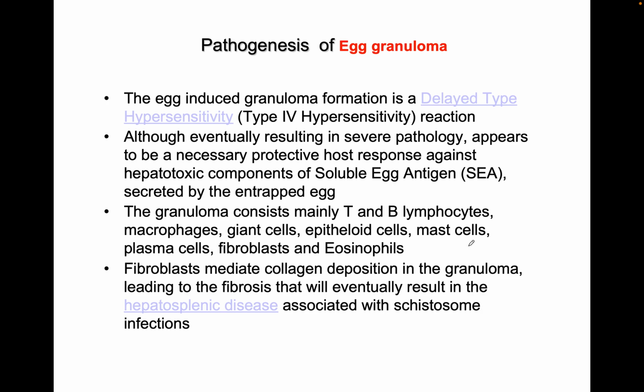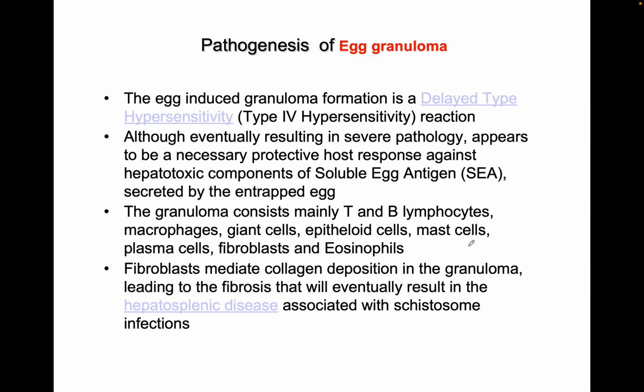The eggs can produce granuloma formation as a delayed type, type 4 hypersensitivity reaction, and although eventually they result in severe pathology, it appears to be a necessary protective host response against the components of the SEA from the entrapped eggs.